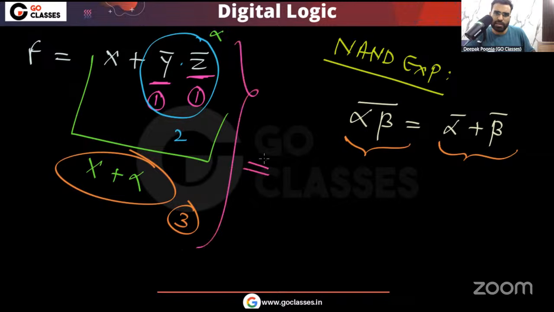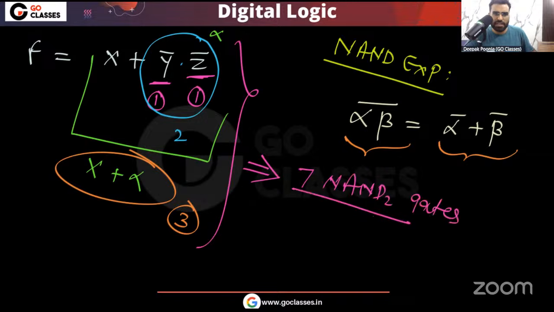By this method, you are getting the number of 2 input NAND gates required, that is 1 plus 1, 2 plus 2, 4 plus 3, 7. This method is giving you 7 two input NAND gates. Correct? If you do like this, then you will get 7 two input NAND gates.